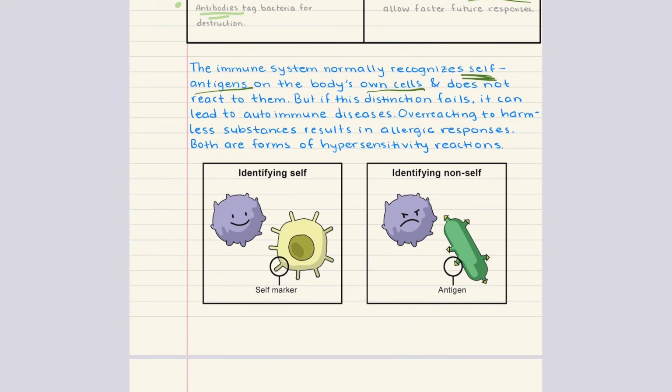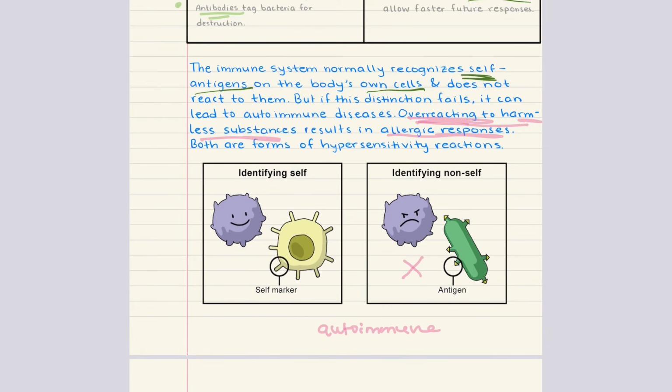If the system fails, then the immune system may attack the body's own tissues, and that results in autoimmune diseases.